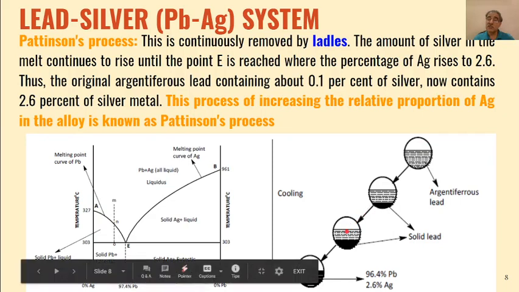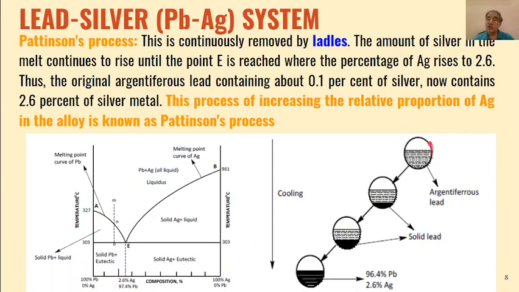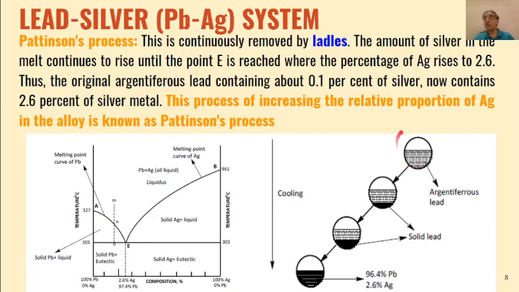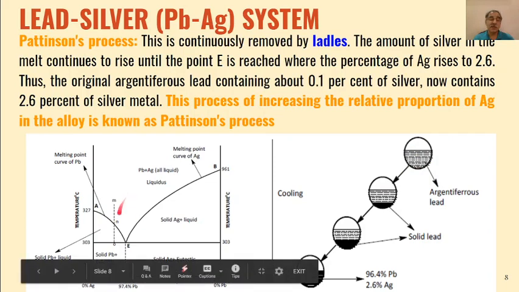Practically this is done through these ladles, where we cool the mixture at a constant concentration. In the first instance we have a mixture of argentiferous lead. As we cool along the line MNO, at point N the lead starts coming out in the form of solid, which can be separated out.